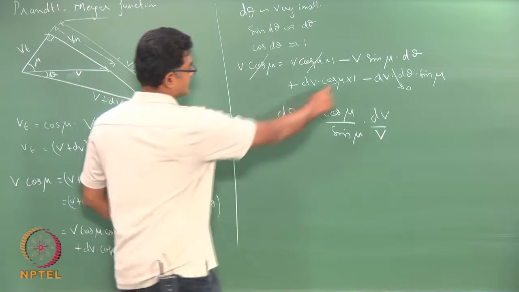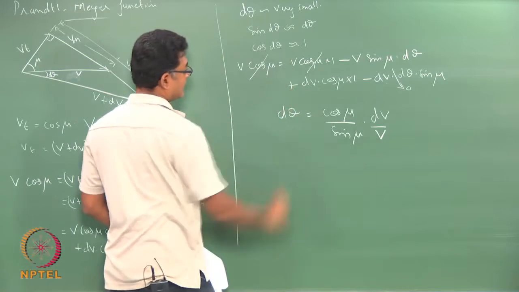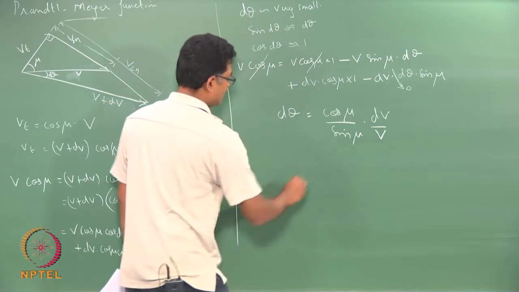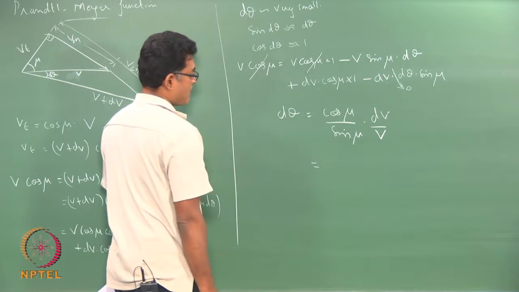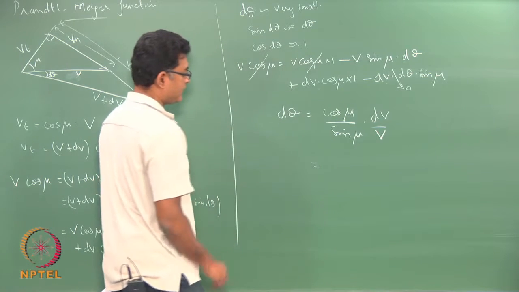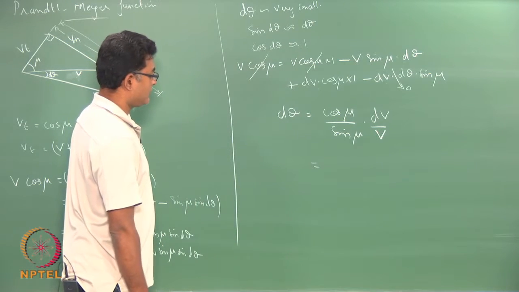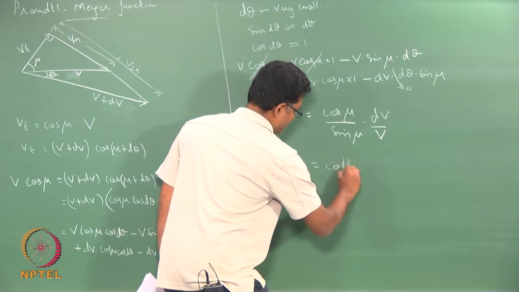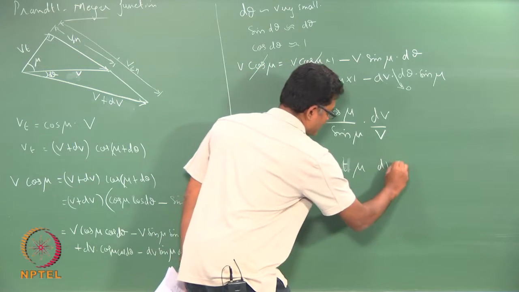I just took d theta here and rearranged these two terms. So, this is nothing but cot mu and dv by v.